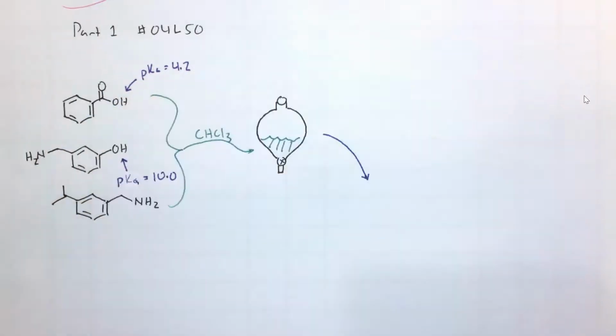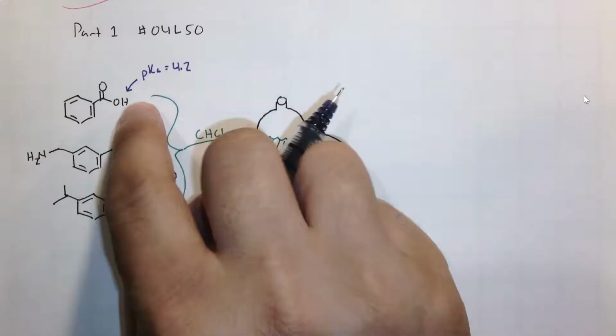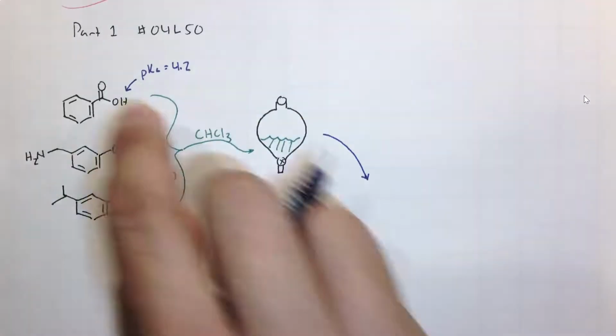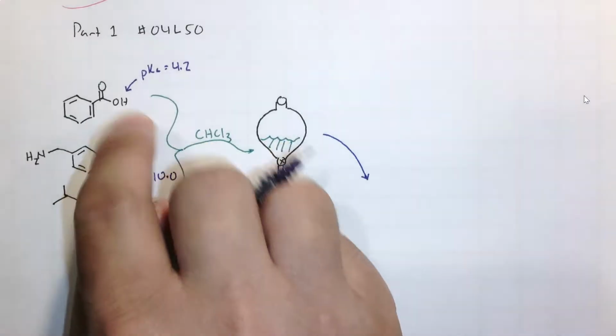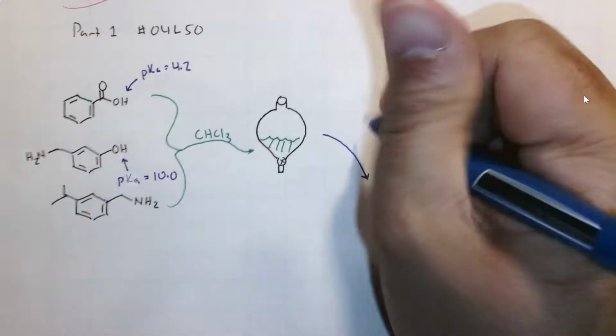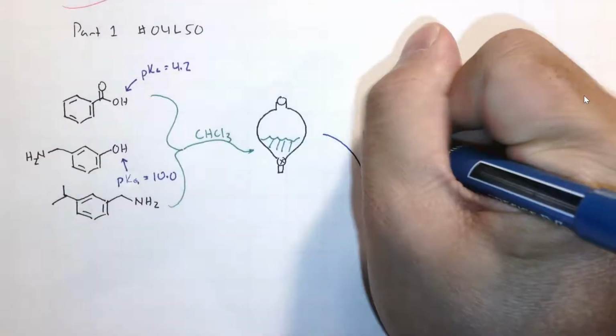Which is the stronger acid? This is the stronger acid. So a weaker base should be able to deprotonate the stronger acid, but not the weaker acid. That is NaHCO3, the weaker base.